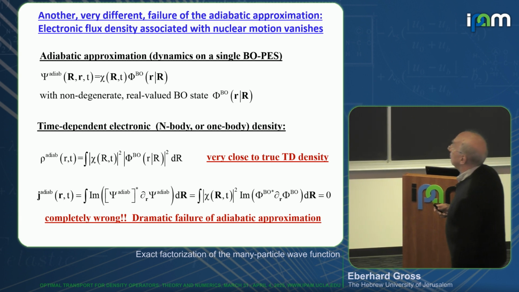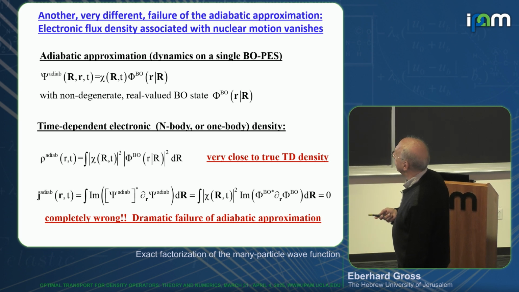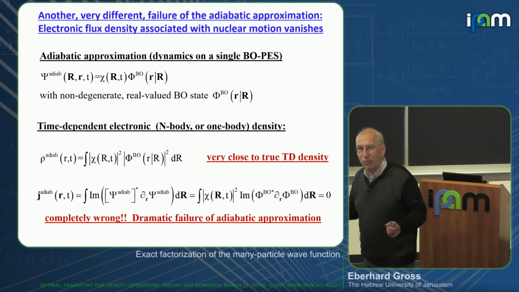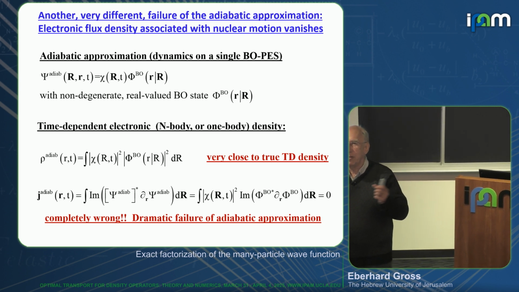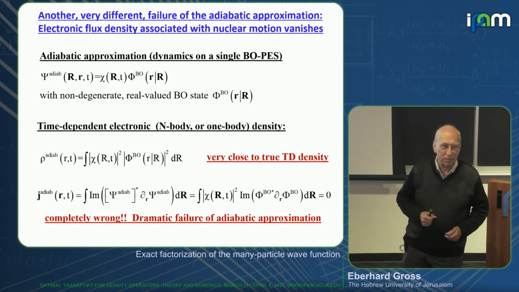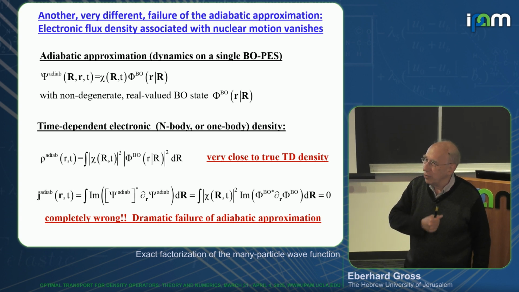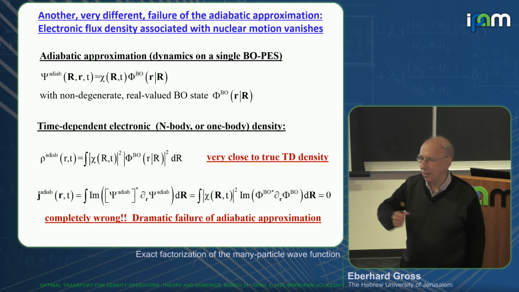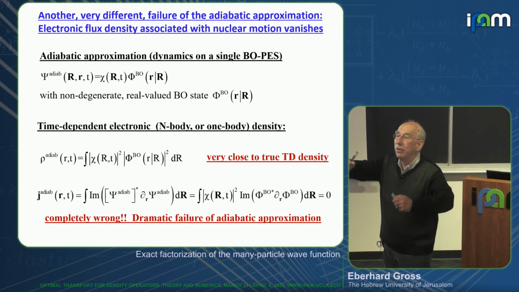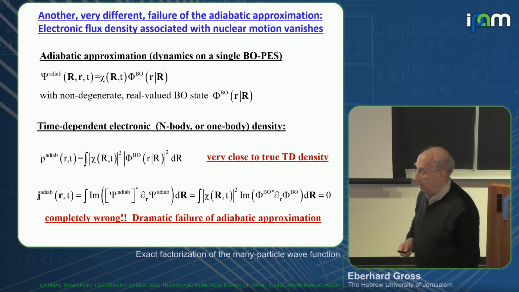Now another very different failure of the adiabatic approximation. Imagine some kind of nuclear motion, vibration, or an isomerization, just something. And you ask the question, what do the electrons do? And of course the immediate answer is, roughly speaking, the electrons move with the nuclei because they quickly adjust to the nuclear motion.